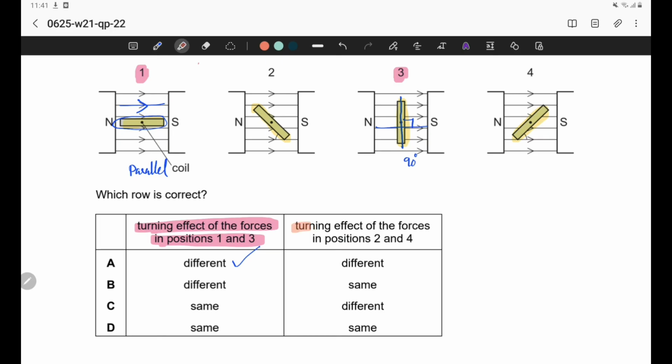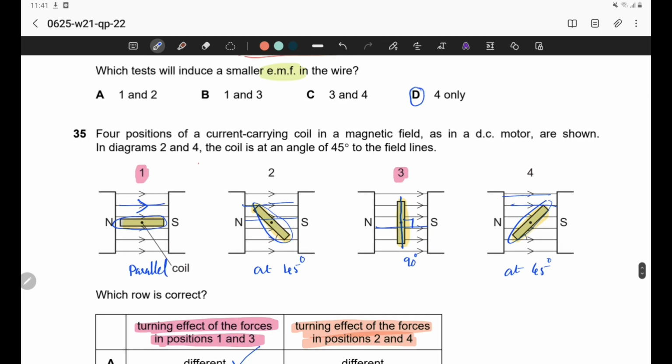Second column says the turning effect of the forces in position 2 and 4. We can see in position 2, the conductor and the magnetic field are at 45 degree, and in position 4 also the conductor and the magnetic field are at 45 degree. It is mentioned in the question, 2 and 4, the coil is at an angle 45 degree to the field.